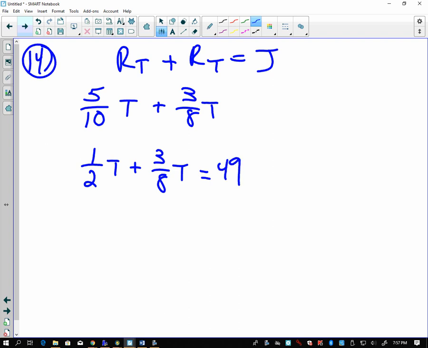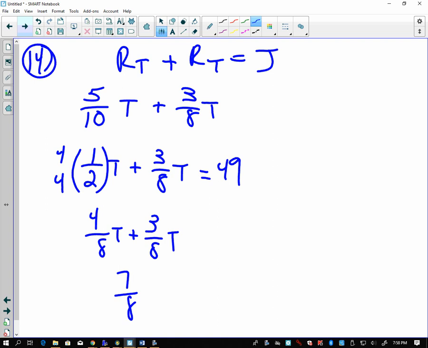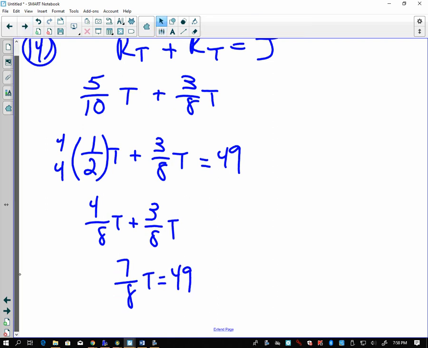We can go ahead and get this common by multiplying by 4/4. So we would get 4/8 t plus 3/8 t. That would give me 7/8 t equals 49. We want to solve for t.